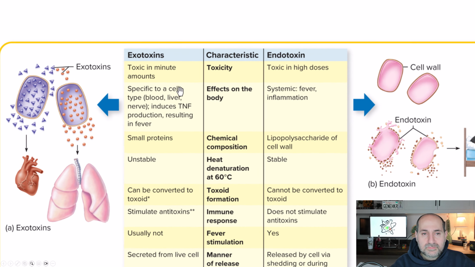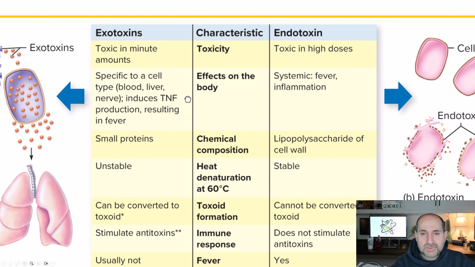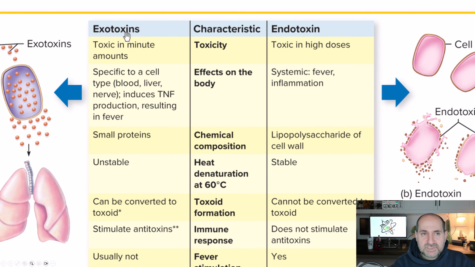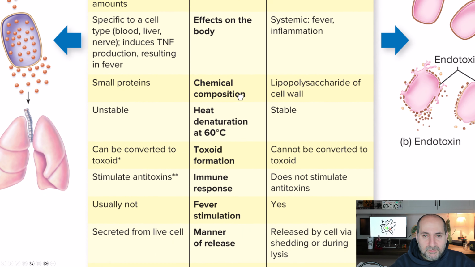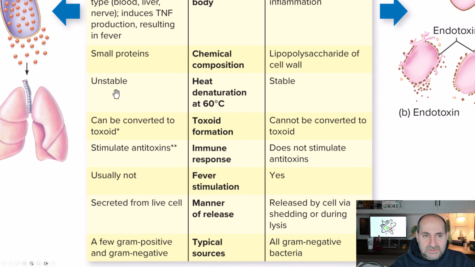Again, what do I need you to remember? I need you to remember the difference between exotoxins and endotoxin. Specifically, I need you to remember these things, that exotoxins are unstable to heat, whereas endotoxin is stable to heat.